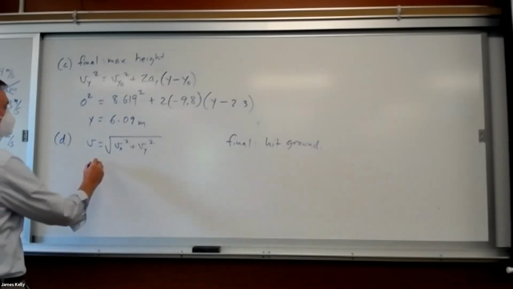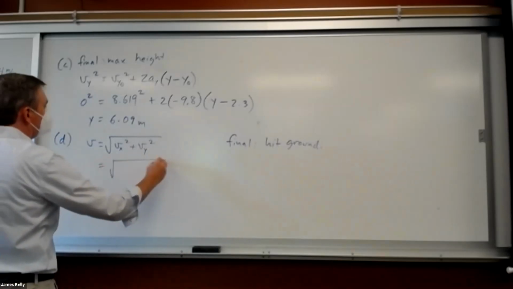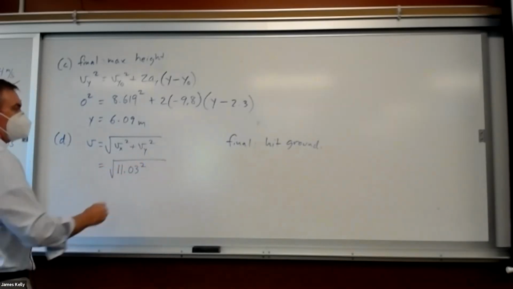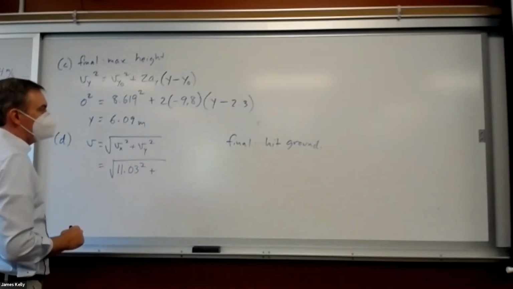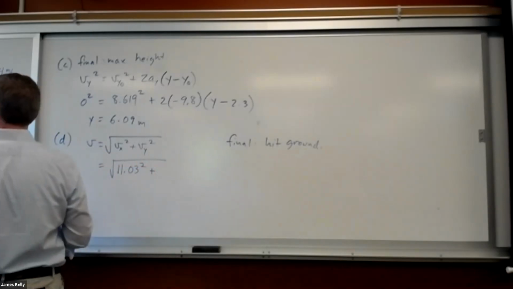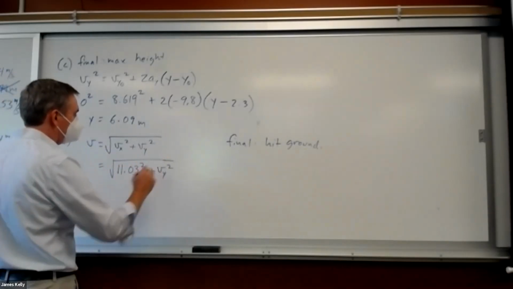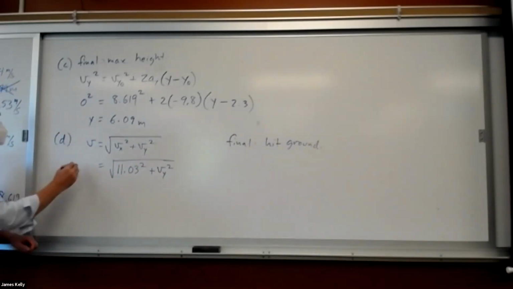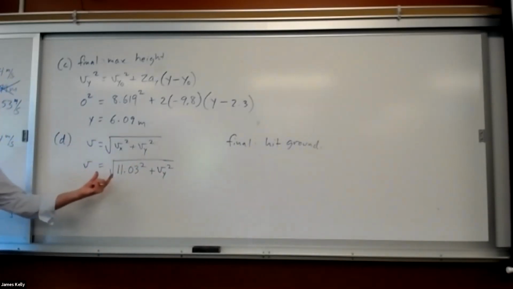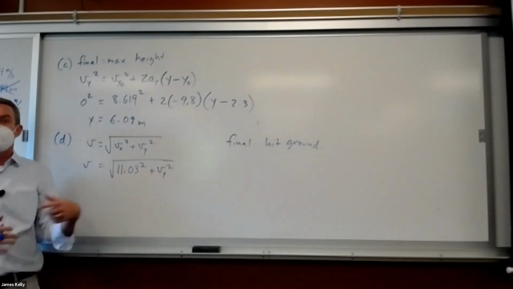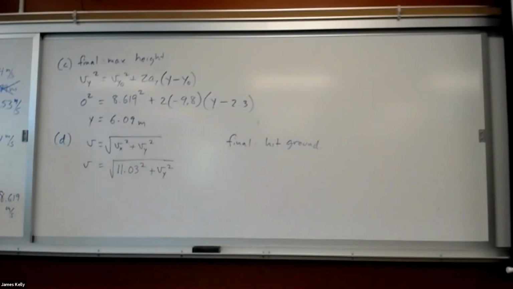So this is going to be equal to 11.03 meters per second squared plus, well, I haven't figured out Vy final, so I've got to figure out this and then plug it in. And so again, I've reduced it. The thing I want to know, if I only knew Vy final, I'd be done. So now I go into subroutine mode and say, how can I figure out Vy final?